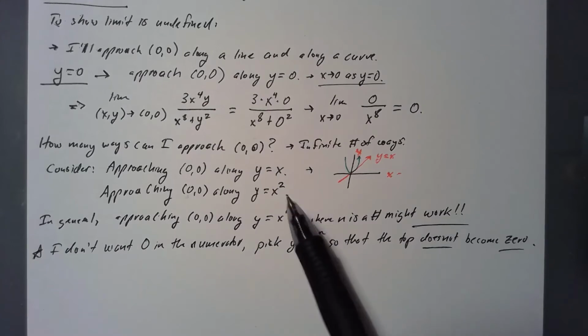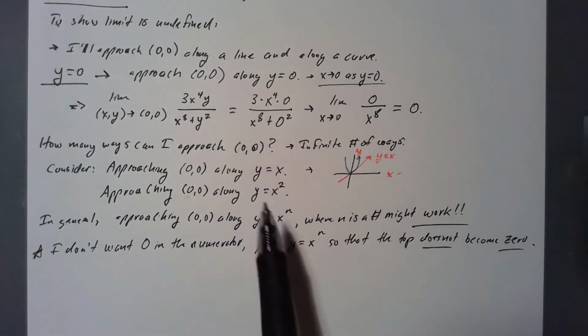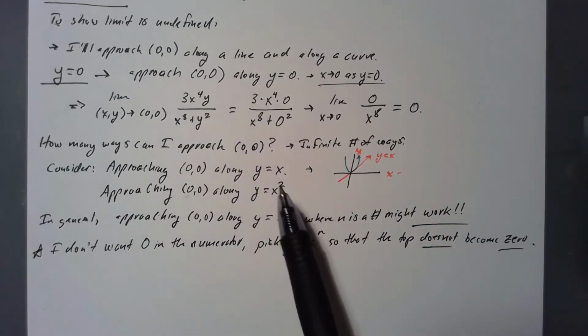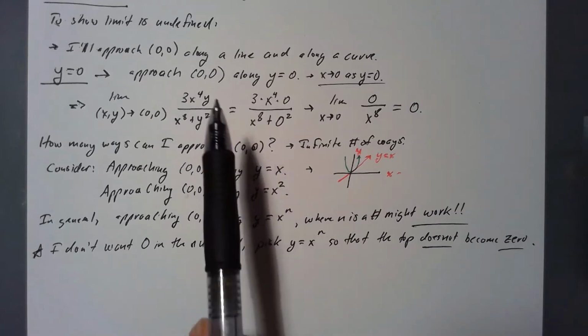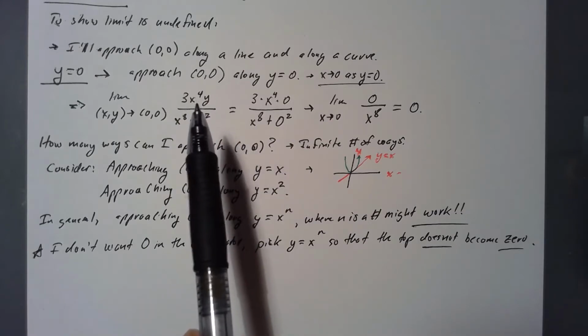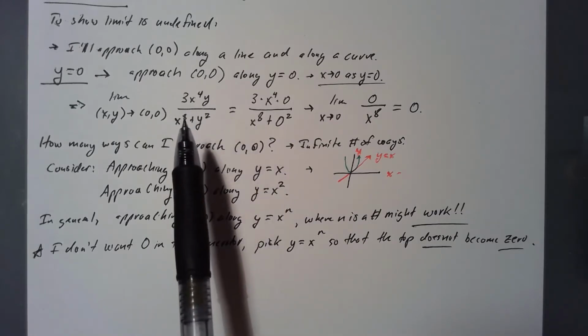What variation of this function, when I plug into the top, is going to get me something that won't be 0? I want something that might cancel out down here.